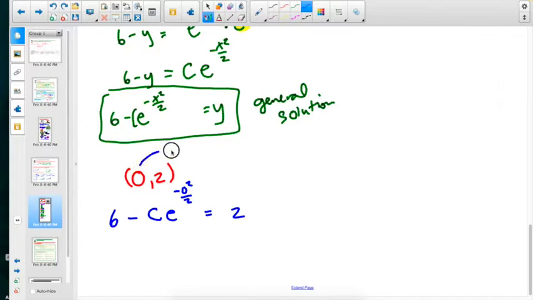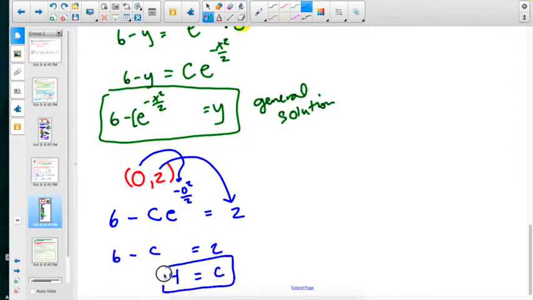So I put in the 0 for the x and the 2 for the y. And e to this power is e to the 0, so that's just 1. So we have 6 minus c times 1 equals 2. Then bringing the c over here and subtracting the 2, we get 6 minus 2, which is 4. So our constant of integration is 4.